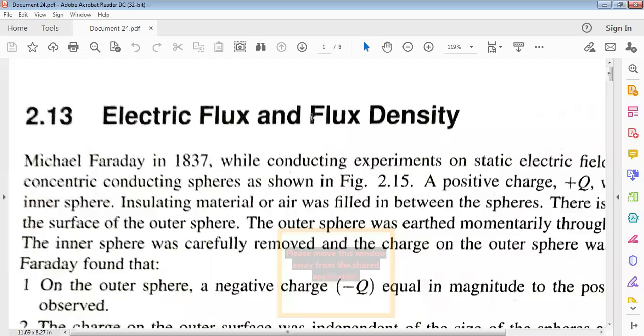That concept is systematically mentioned here. From that we define the electric flux. The electric flux is created due to the electric charge, right?